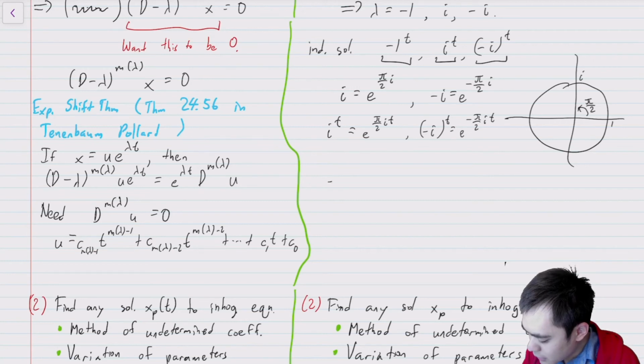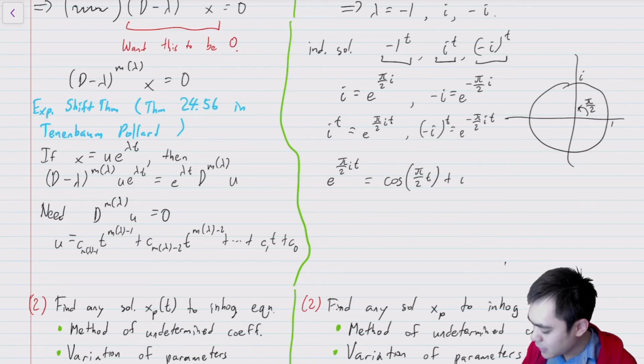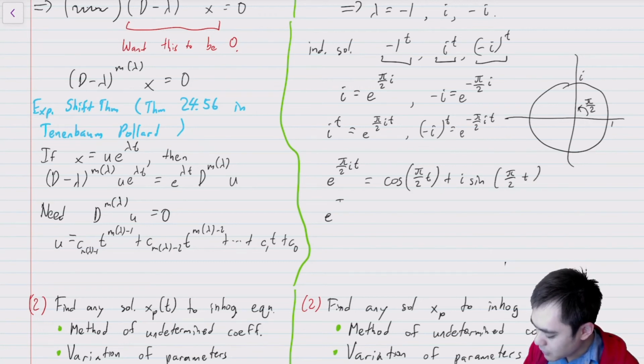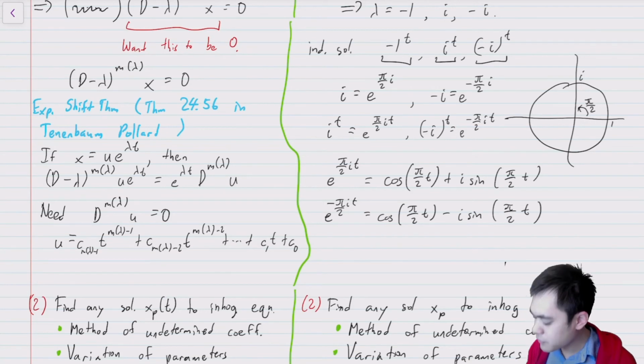That implies that e to the pi over 2 it is equal to cosine of pi over 2 times t, plus i sine of pi over 2 times t. And similarly, e to the minus pi over 2 it is equal to cosine of pi over 2t minus i sine of pi over 2t.